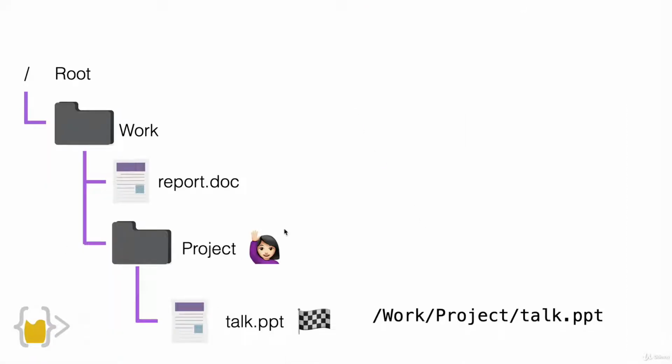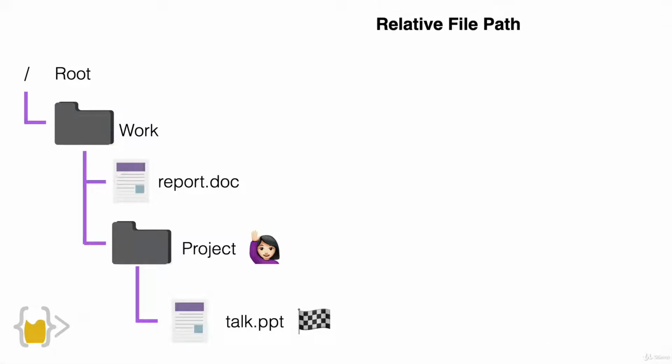So given that we're here and we're trying to get here, the relative file path is simply just /talk.ppt. The / signifies look in the current folder for this file. If we switch up our working directory, and let's say we are now working from the work folder, how do we get to this talk.ppt?